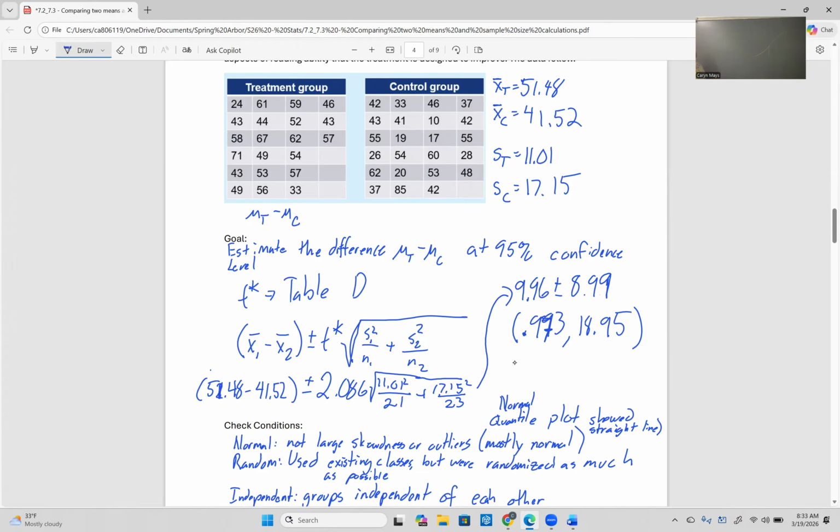There would be a sentence: the difference in the scores for the two classes can be estimated with 95% confidence to be between 0.973 and 18.95.